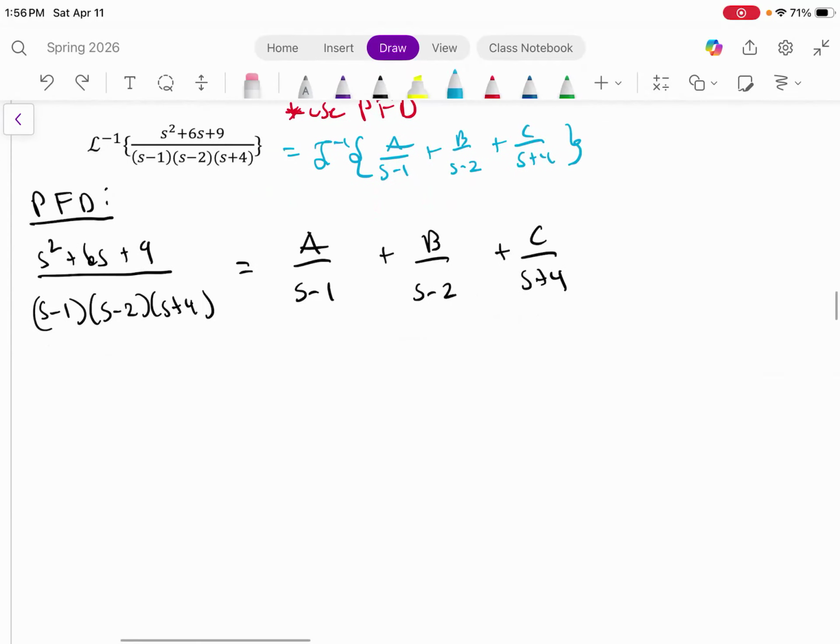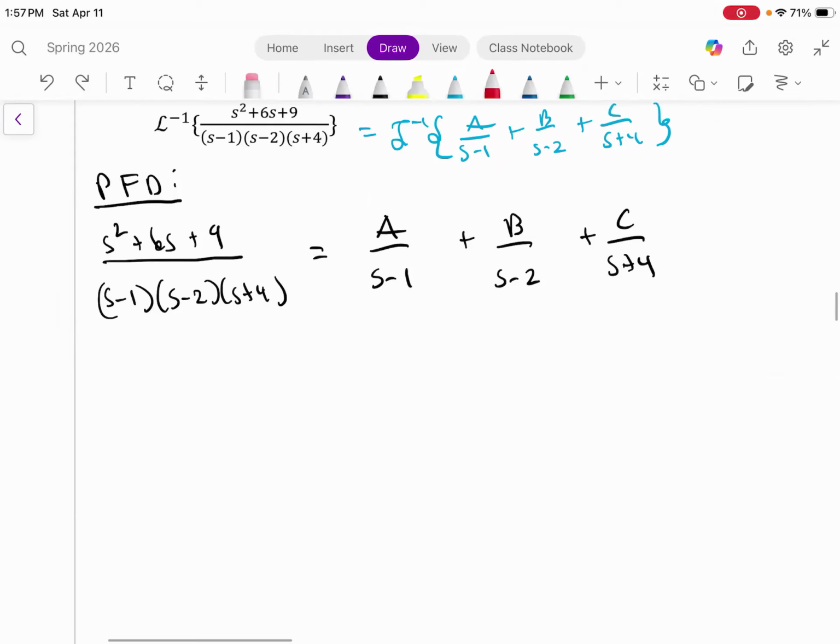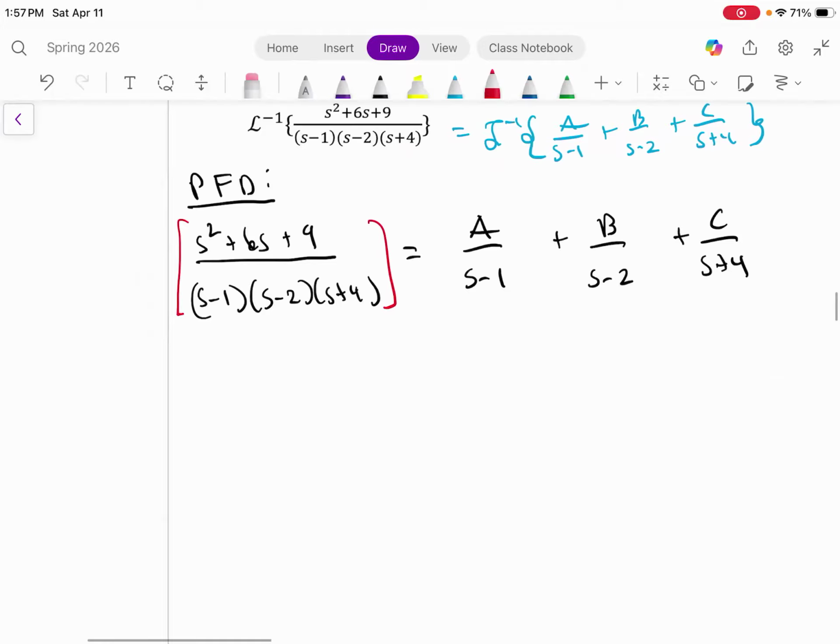So let's figure out what A, B, and C are so that we can finish up this problem. In order to find A, B, and C, we need to multiply both sides by the least common denominator, which is the denominator we originated with: s minus 1, s minus 2, s plus 4.